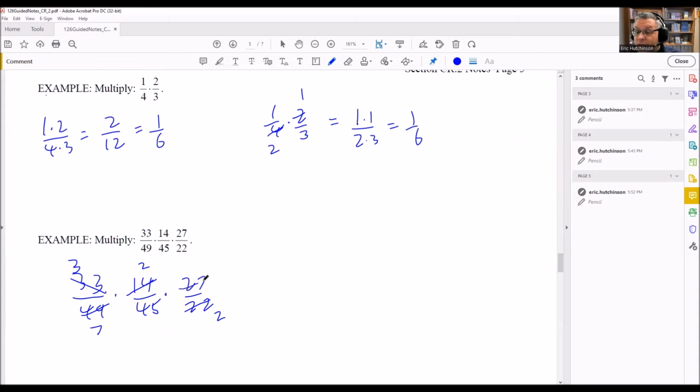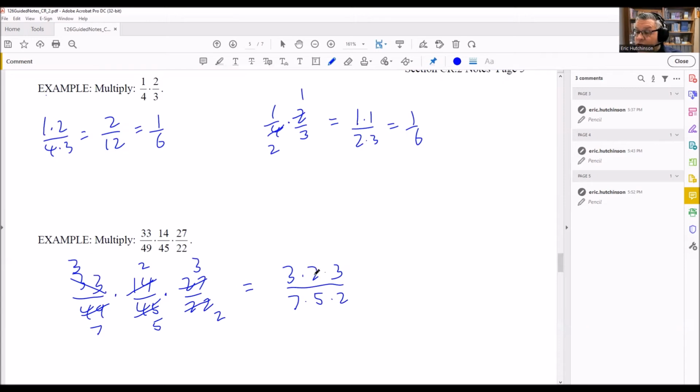So 27 divided by 9 is 3. 45 divided by 9 is 5. So then what happens? Well, we get 3 times 2 times 3 on top. On the bottom, we have 7 times 5 times 2 left over right there. So then notice that there actually is one more thing I can divide out here.